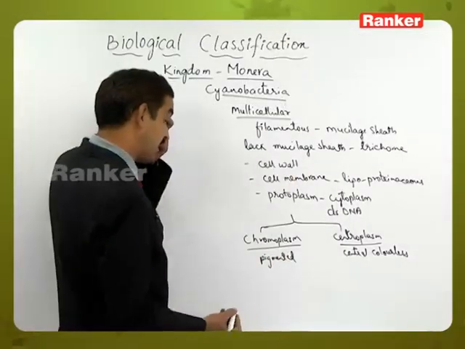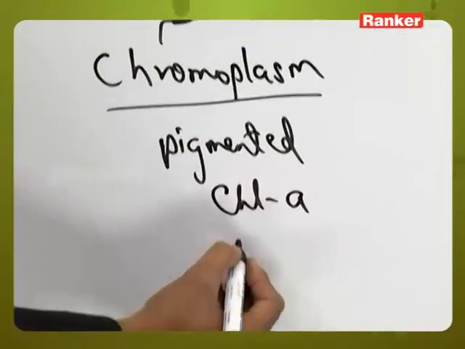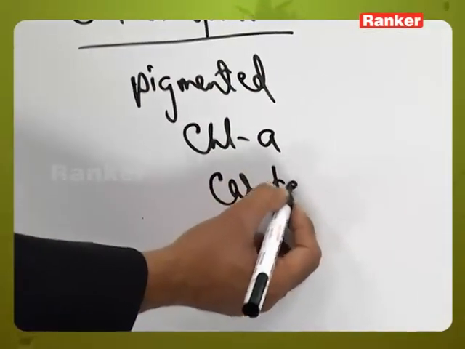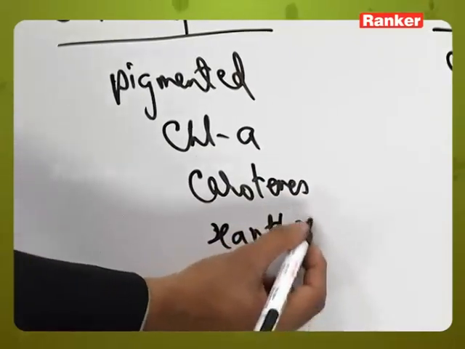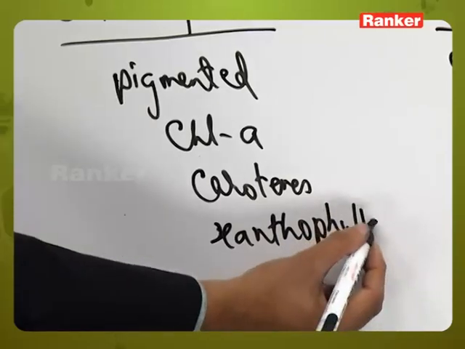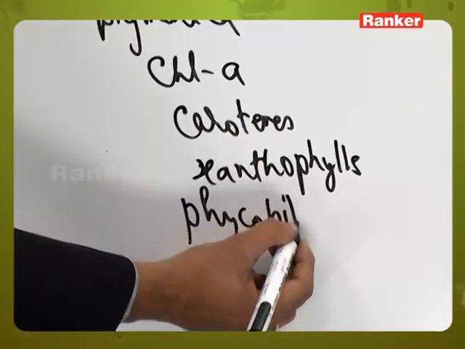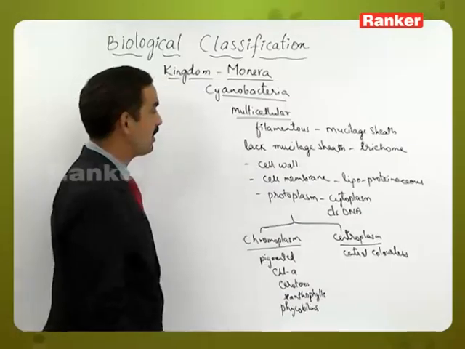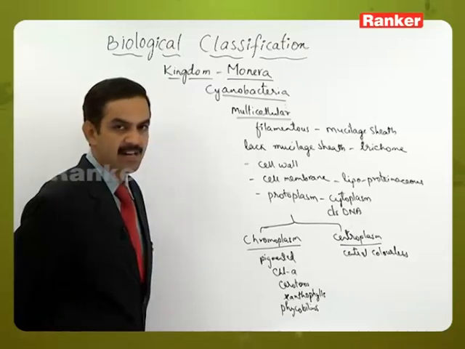Here there is a pigmented structure containing chlorophyll a, carotenes, and xanthophylls. Apart from this, they contain phycobilins also. Phycobilins are a unique type of pigment present in cyanobacteria.